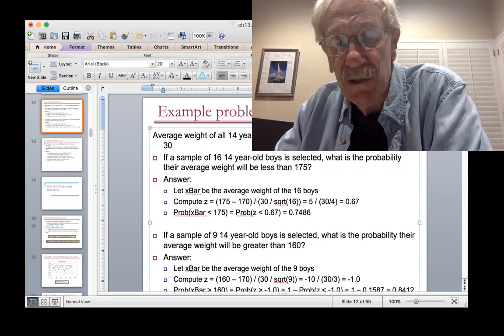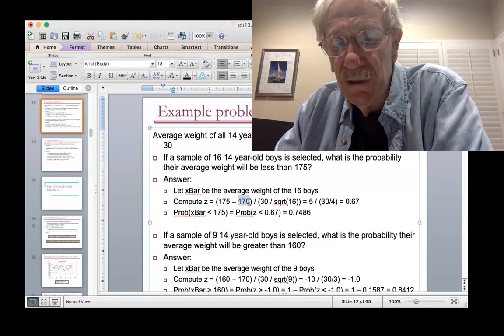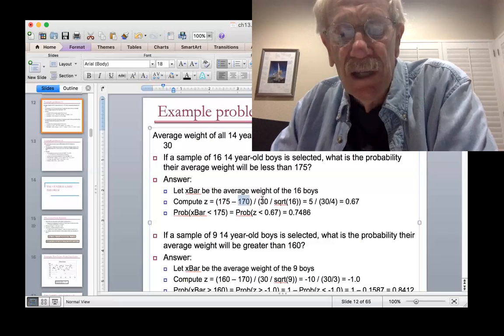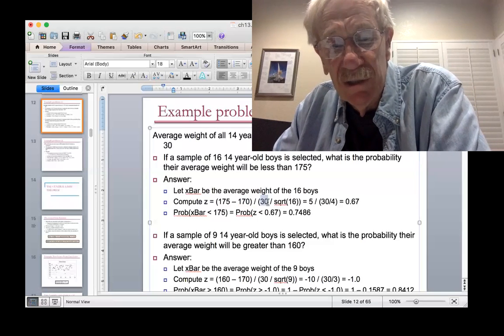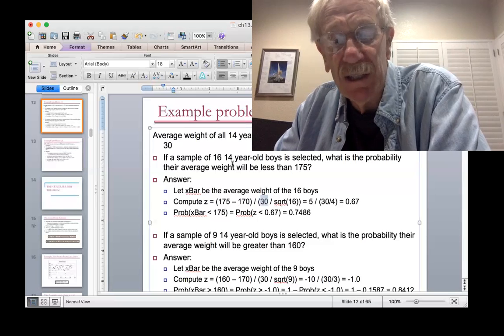This mean always goes here. Can you see my screen? Yes. Okay. Divided by the standard deviation, which is 30. That's also given. Divided by the square root of the number of people in the study, 16 in this case.